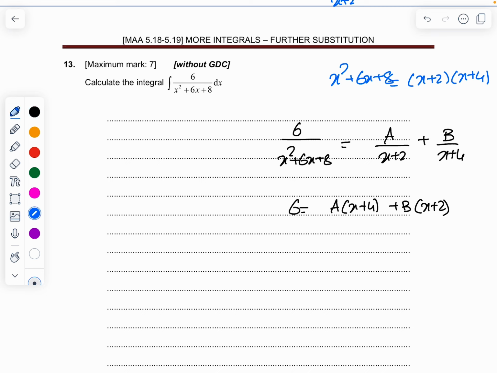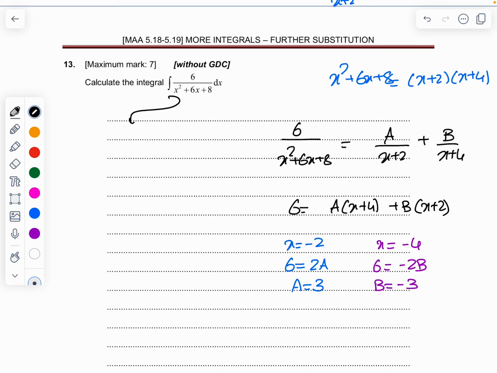Then I plug in x equals negative 2. So 6 equals 2a, so a equals 3. Then I plug in x equals negative 4. So 6 equals negative 2b, so b equals negative 3. So what will this be now?